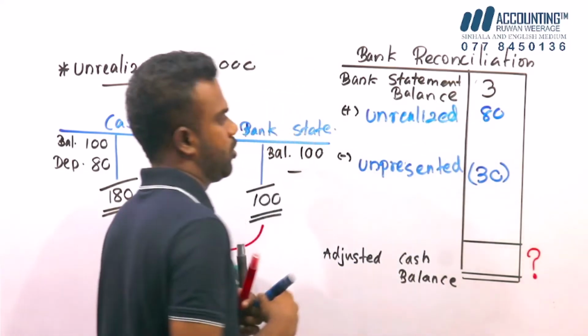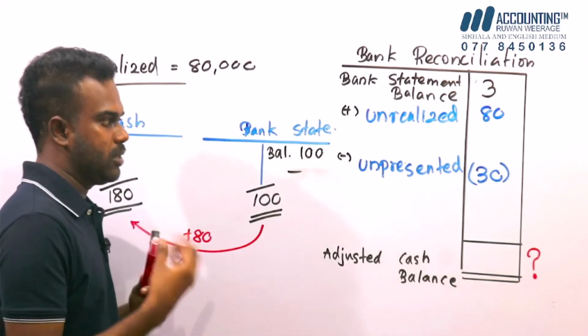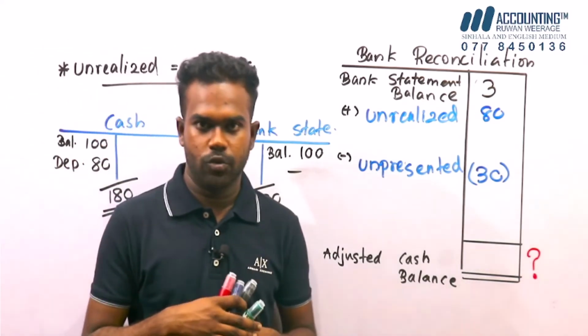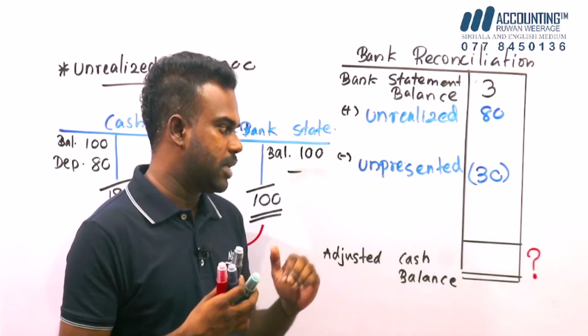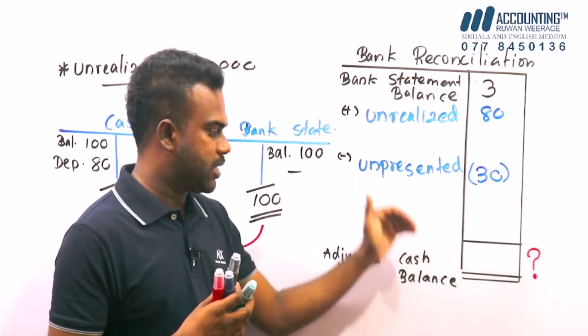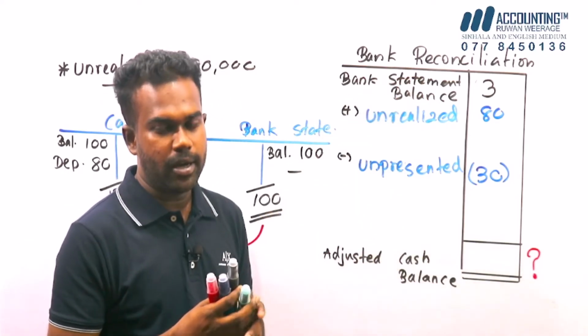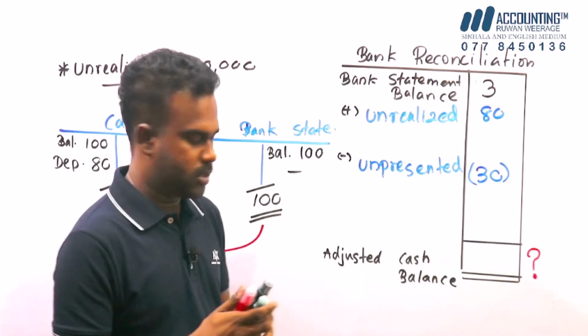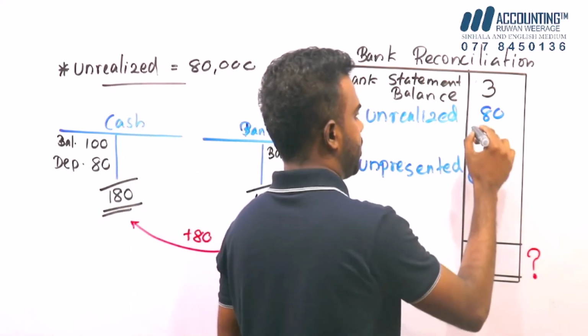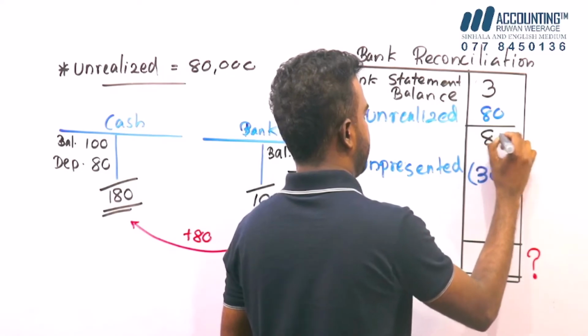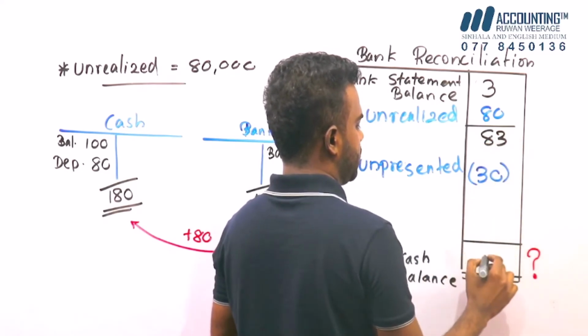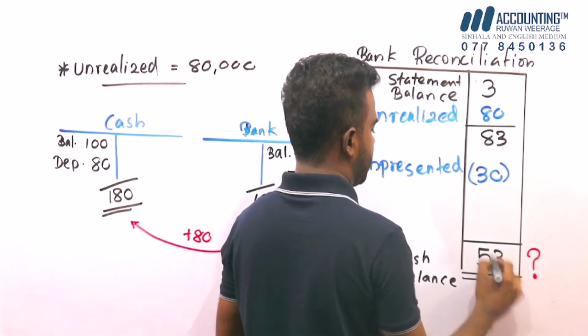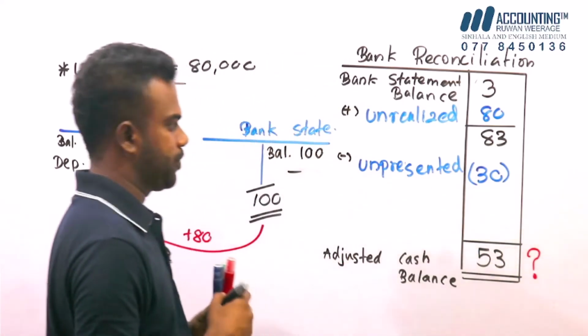Unrealized, right? Okay. These are the things we should consider when preparing the bank reconciliation, right? From the bank statement we are going to get the adjusted cash balance. Now we get the adjusted cash balance. Here 83, then 30, means the adjusted cash balance should be 53, right?